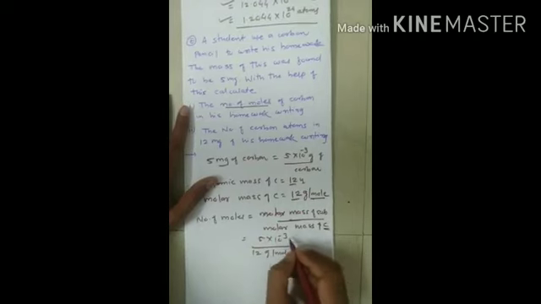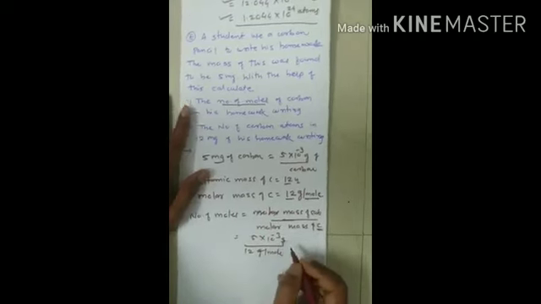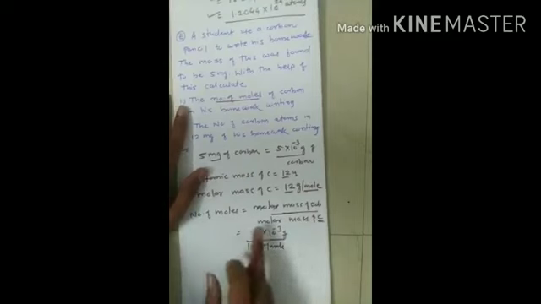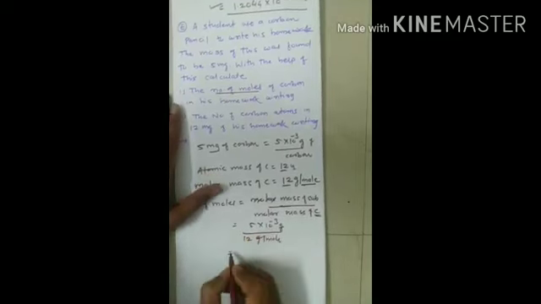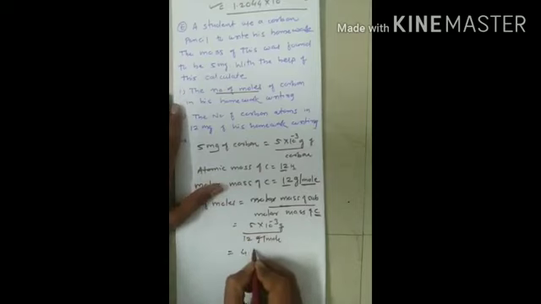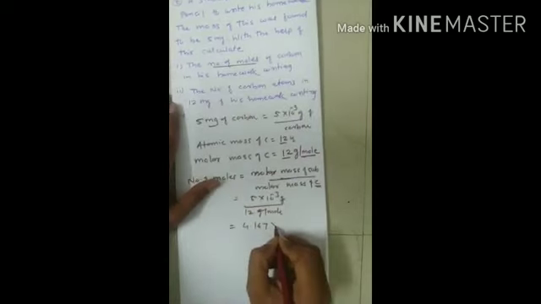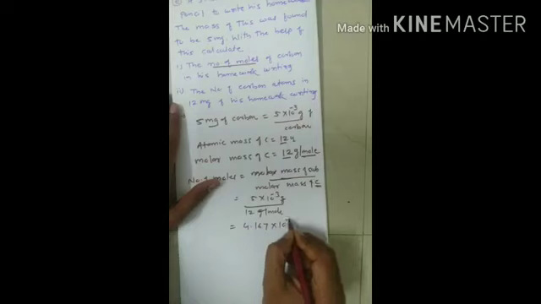This unit is also gram, so it will get cancelled out. If we solve 5 into 10 raised to minus 3 divided by 12, you will get the answer 4.167 into 10 raised to minus 4 mole.